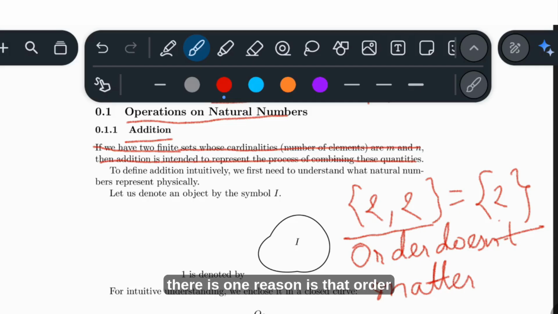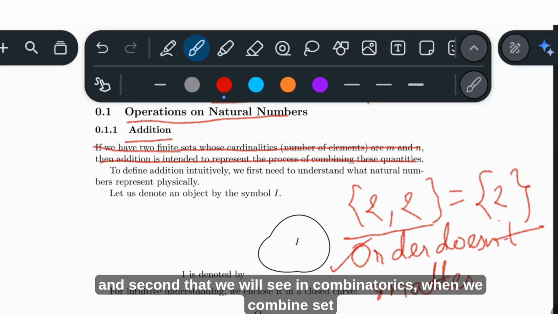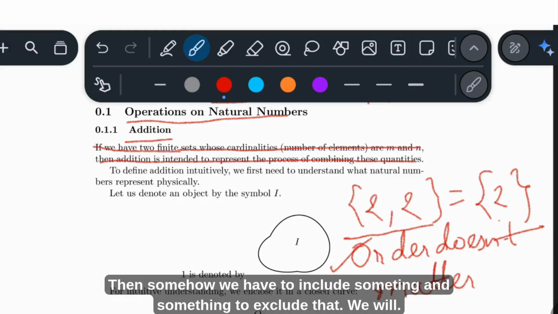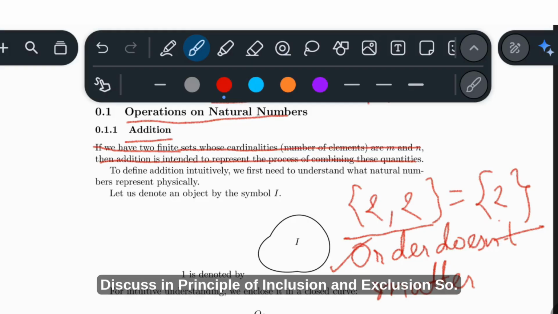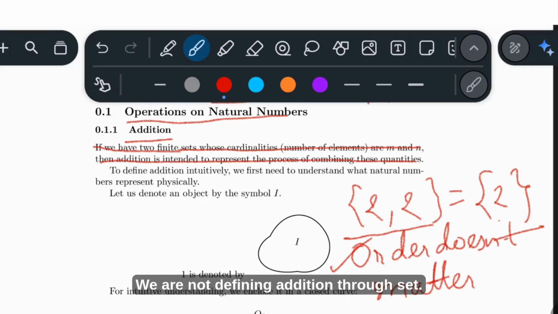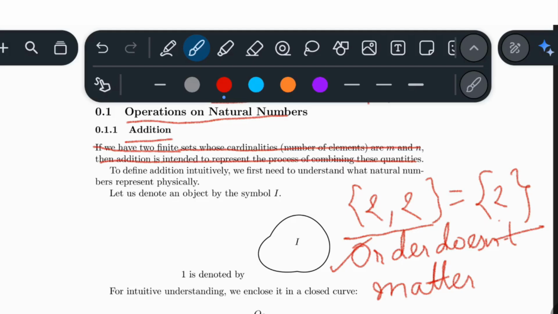There is one reason: order does not matter, the sets are unordered. And second, when we see combinatorics, when we combine sets, we have to include something and exclude something, which we will discuss in the pigeonhole principle. So we are not defining addition through cardinalities.